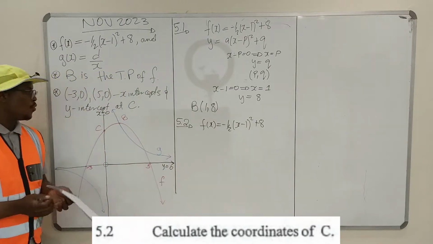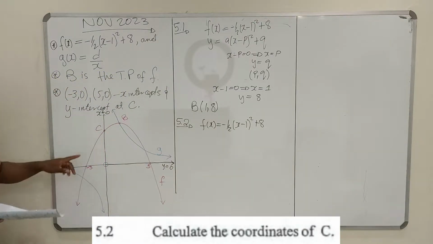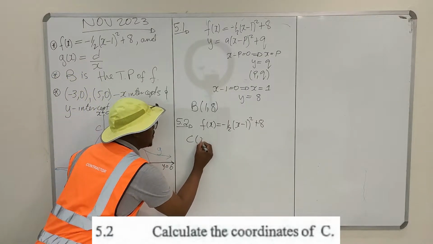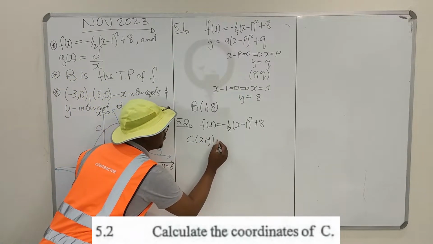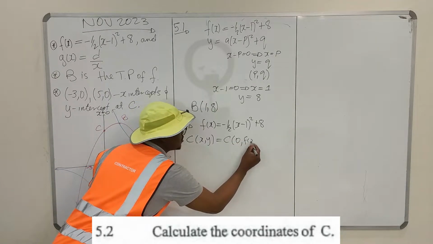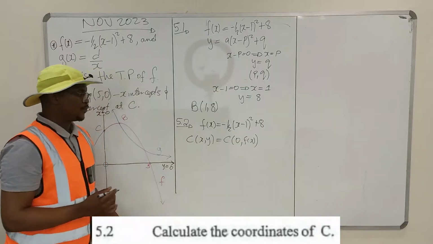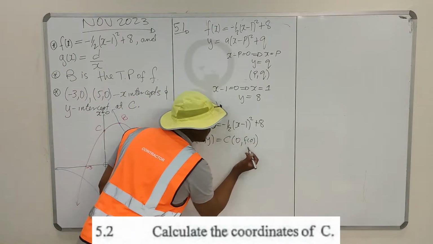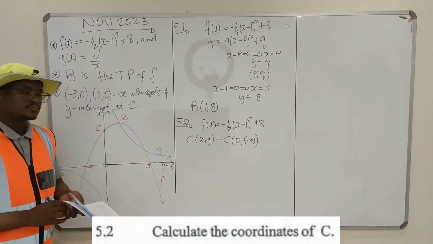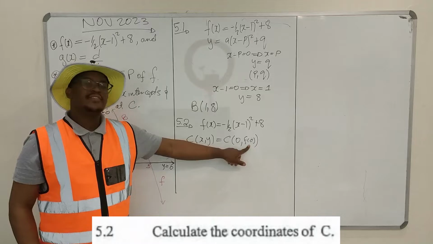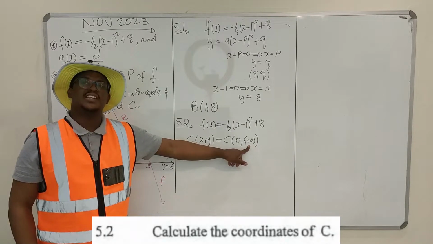They want the coordinates of C, which are in the form x and y. So you already know that C is 0 and f of x, which is your y. Let's say f at 0. You know your x coordinate is 0. You need f at 0, which is the value of your function at 0.